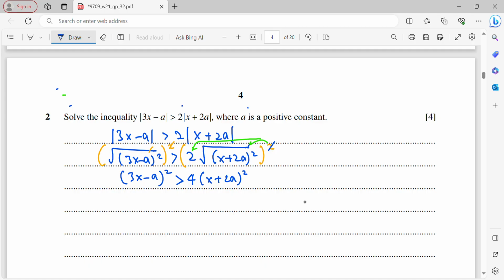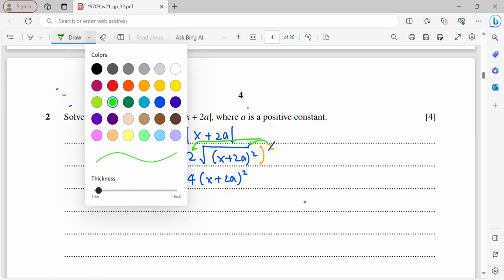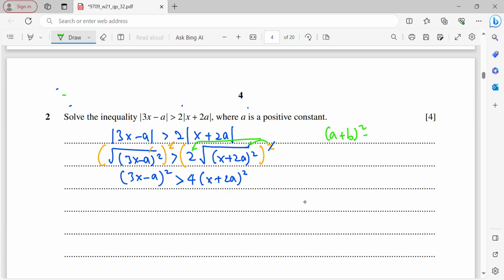Alright, so now you need to expand this using the quadratic formula. a plus b squared will be a squared plus 2ab plus b squared. Now, when I do expansion, the square of 3x minus a is basically 9x squared minus 6xa plus a squared.